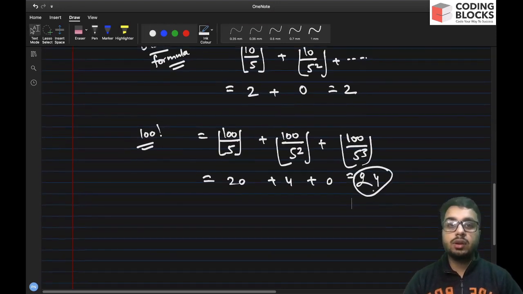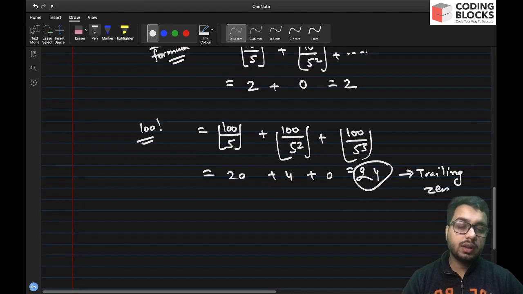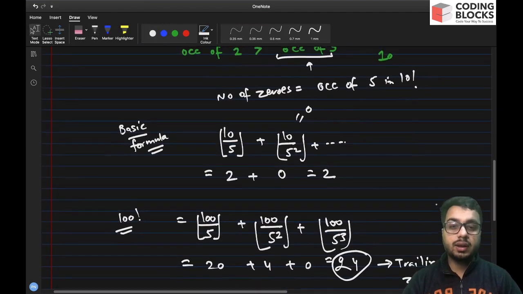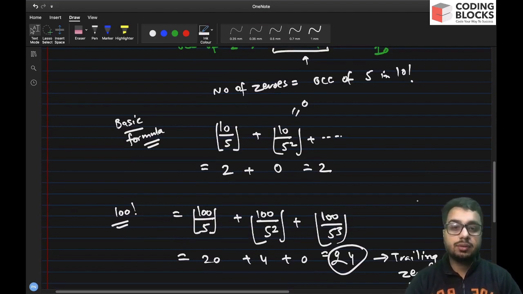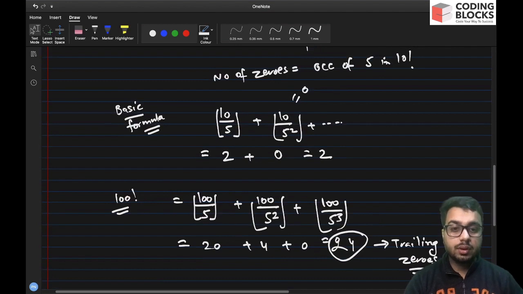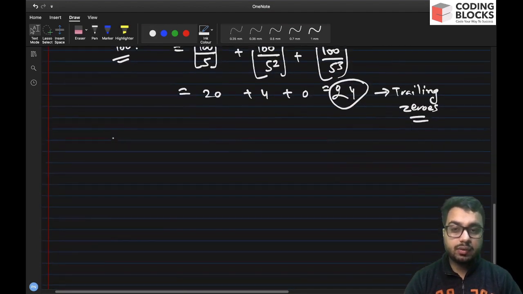So in 100 factorial you will have 24 trailing zeros. So this is how you can actually compute the trailing zeros. And if you're not sure why this is true, you can actually see, if you want to count the number of fives in 100.